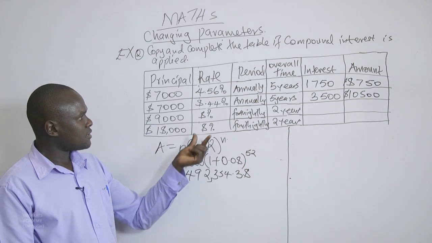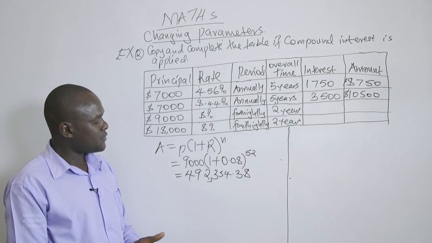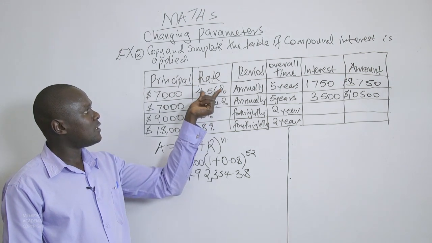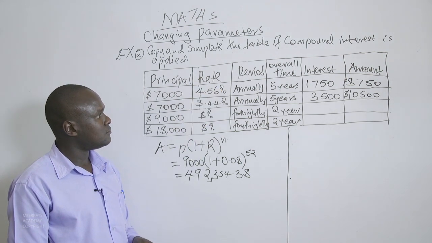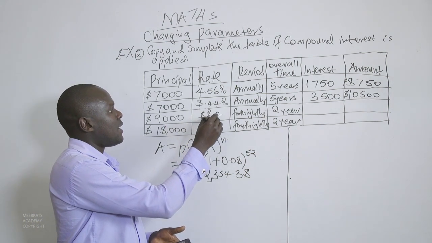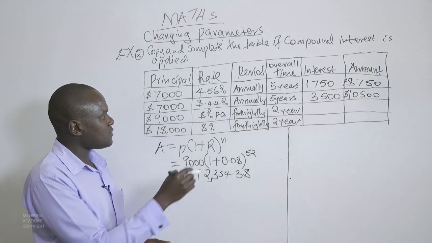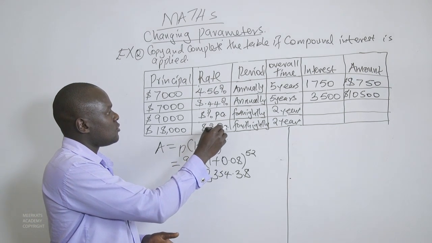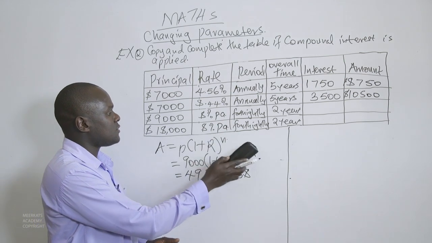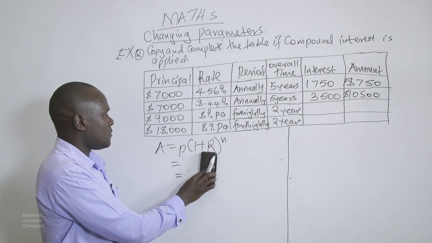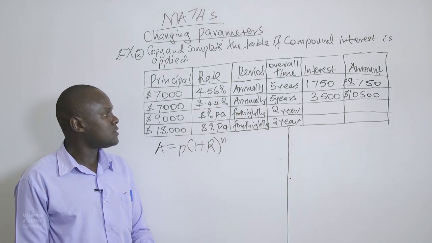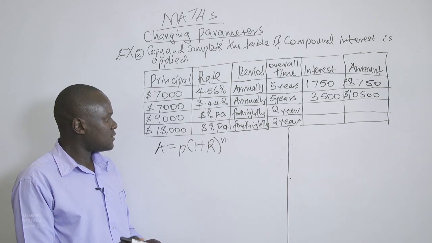Let us re-examine this. The rates we have been provided here are per annum. This rate should also be per annum, so that to calculate the rate per fortnight, we will divide this by 26 to get the rate per fortnight.